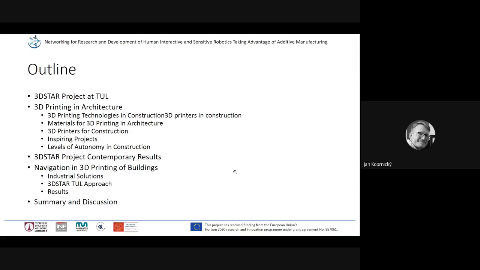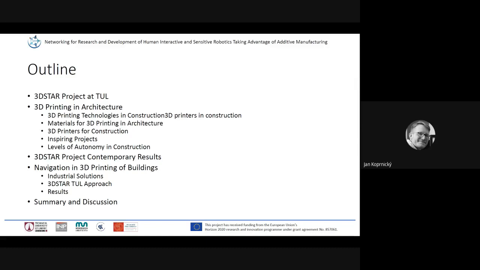What is waiting for us today has this content or outline. At first, I would like to introduce the project 3D STAR, which is solved here at Technical University of Liberec and at other universities in Czech Republic.